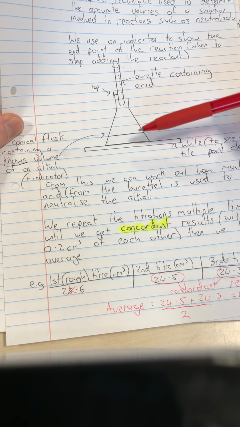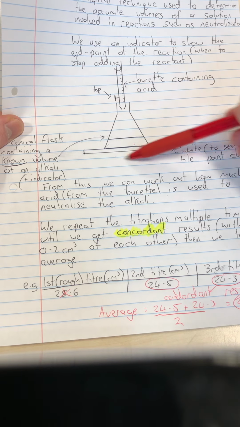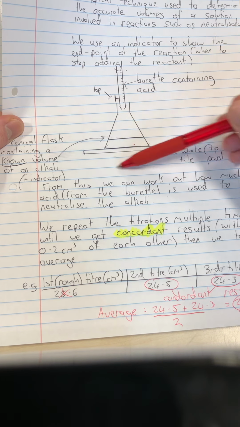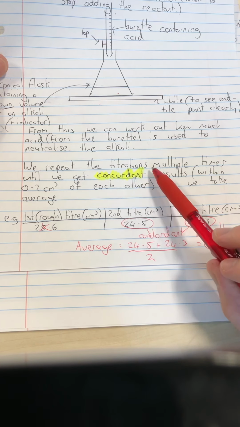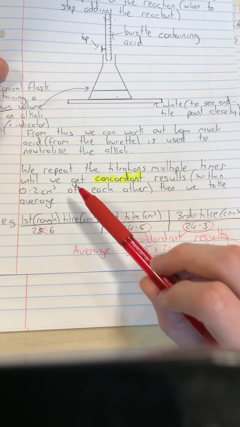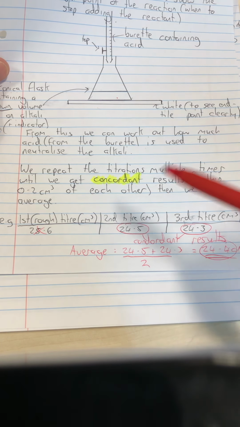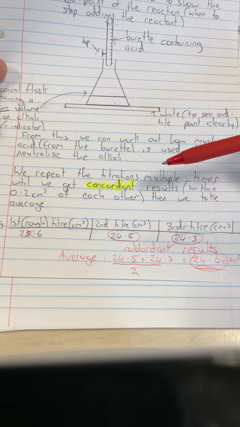It's a known volume, and we're trying to work out how much acid it takes to neutralise the alkali that's inside here. Okay, we repeat the titration experiment multiple times until we get concordant results, within 0.2 of each other. And then once we do that, we use that average in our calculations.